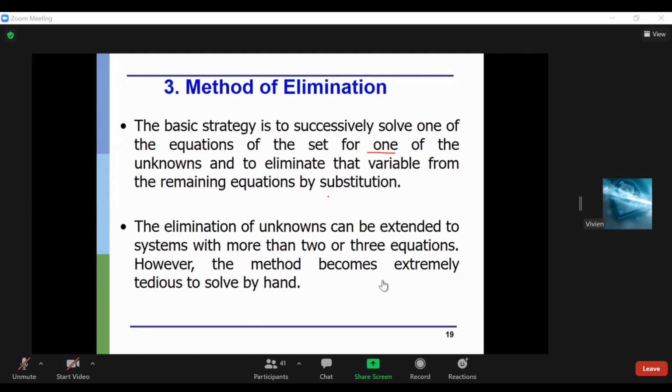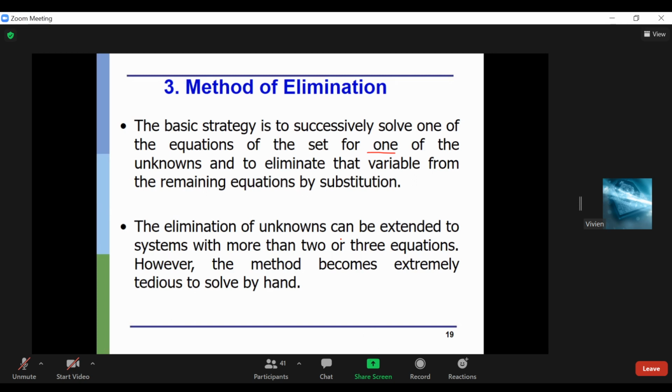The advantage of this method is that it can be extended to larger systems, for example, if we have more than 3, say 4 or 5. So the possibility to solve it is higher, but it is also extremely tedious to solve by hand.